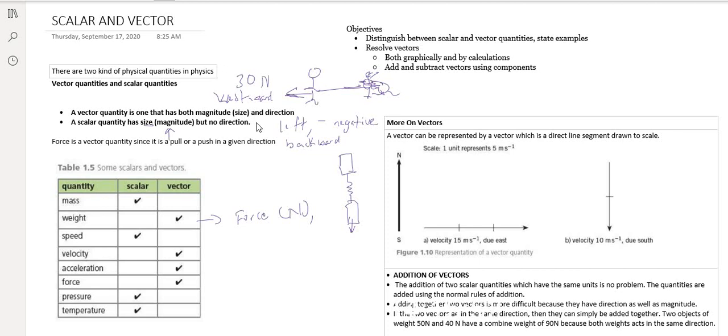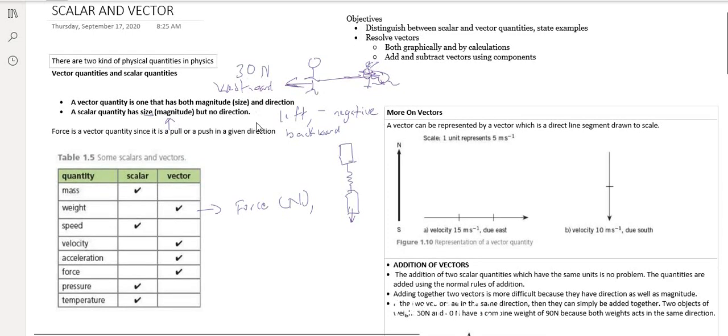Velocity, we get a direction associated with that, mainly because of how we defined velocity. Velocity is defined as a change in position over time. That change in position would be your displacement. Another quantity we could write here as a vector quantity is displacement.